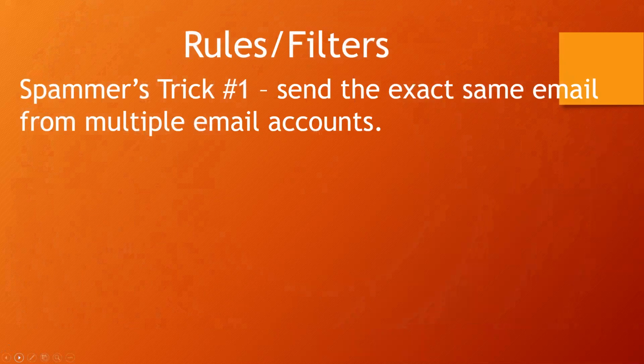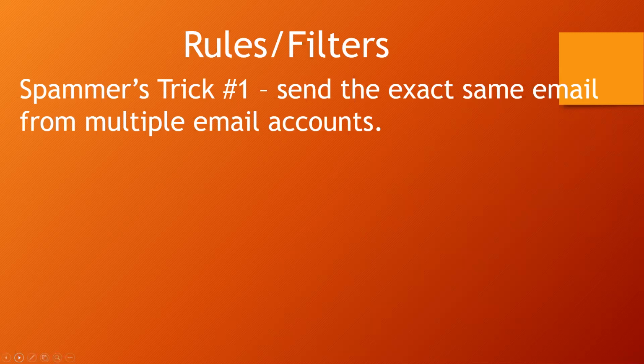Now, getting back to spammer's trick number 1, I'm going to show you another option that appears in email. Again, their trick is to send the exact same email from multiple email accounts. So now we know that when we mark something spam or junk, we are marking that email address, not the content of the email.